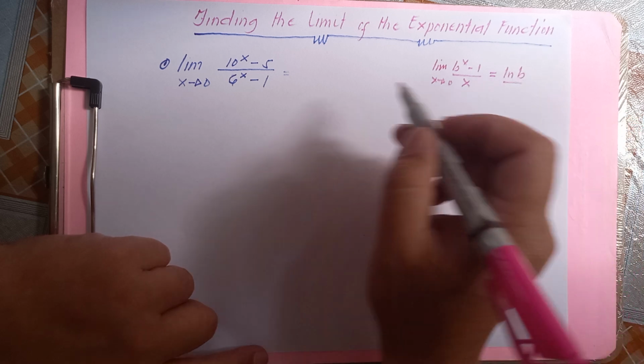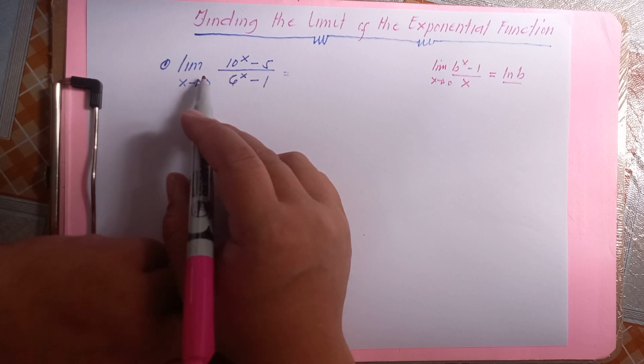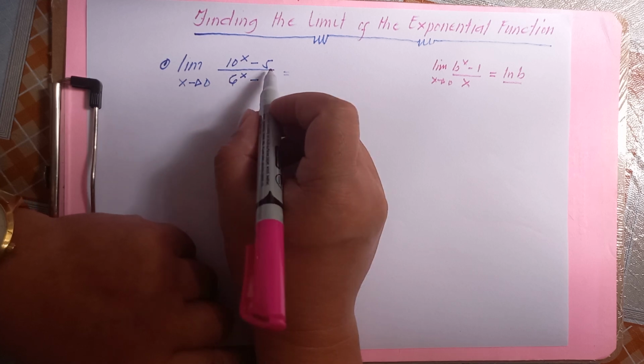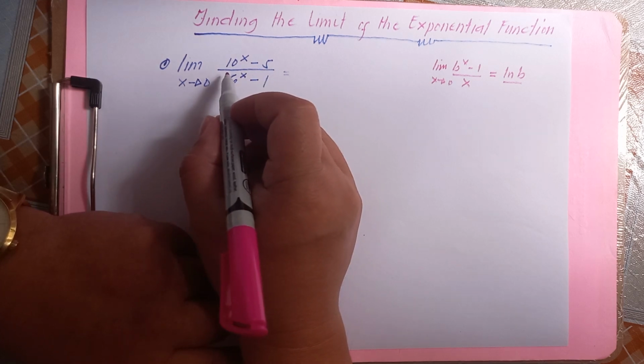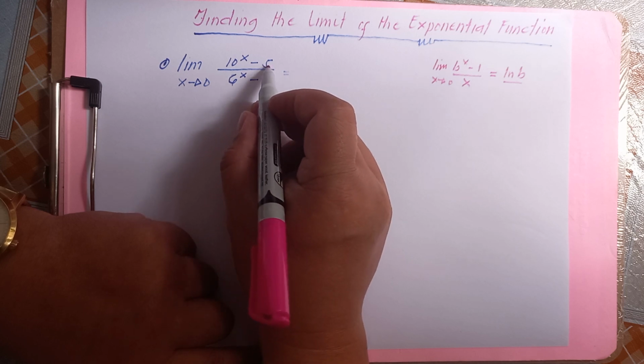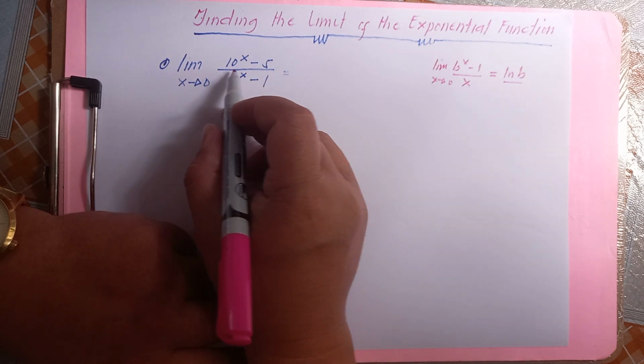So how is that? We have to manipulate or make a modification of this problem, and so you will notice the numerator is factorable. Okay, so we'll make this one to be 1 instead of 5. This must be 1, so we have to factor it out.